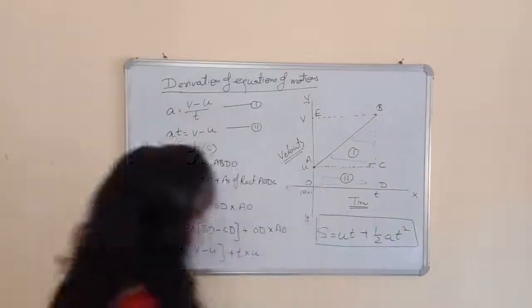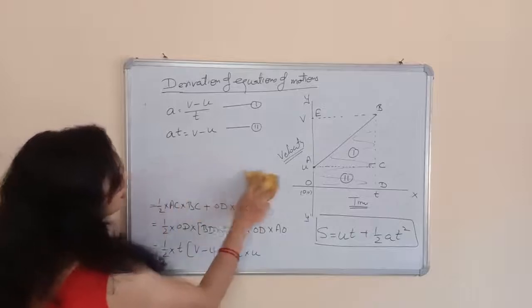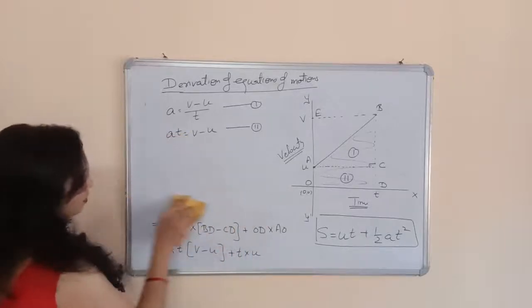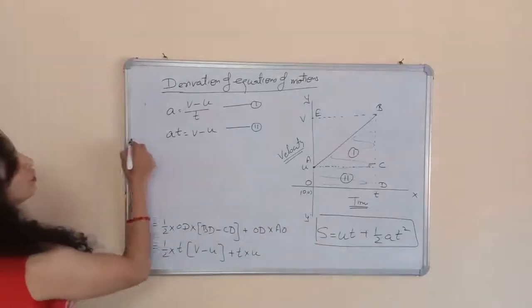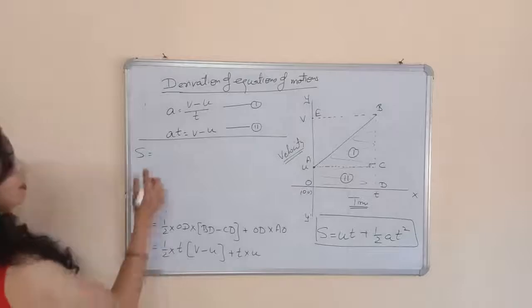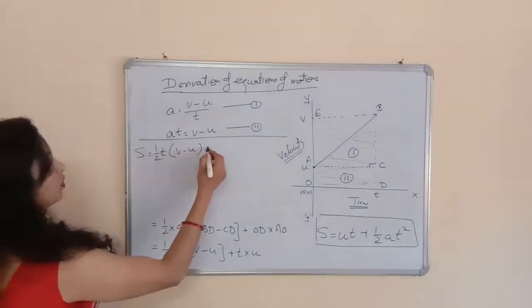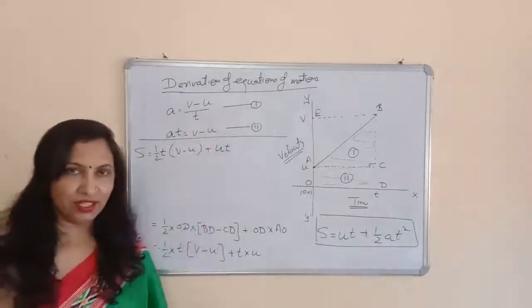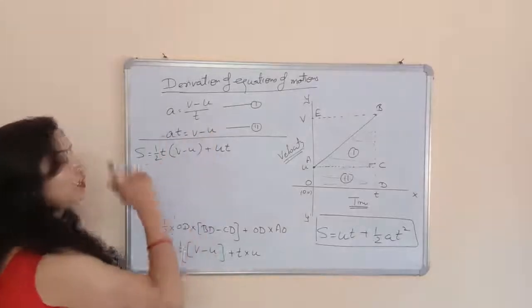Okay, now I am going to rub this part from here, because again I am telling you that we have to use these equations. So now what we have now, S is equal to half into T V minus U plus UT. Now from this second equation, which we have derived in first equation of motion, we know that V minus U is equal to AT.